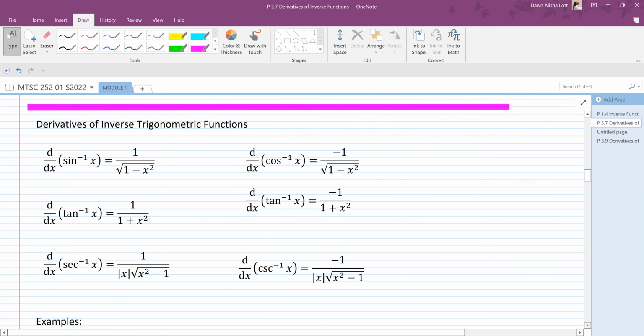Okay. Here's where life can get a little bit more interesting. These are the derivatives of our inverse trig functions.